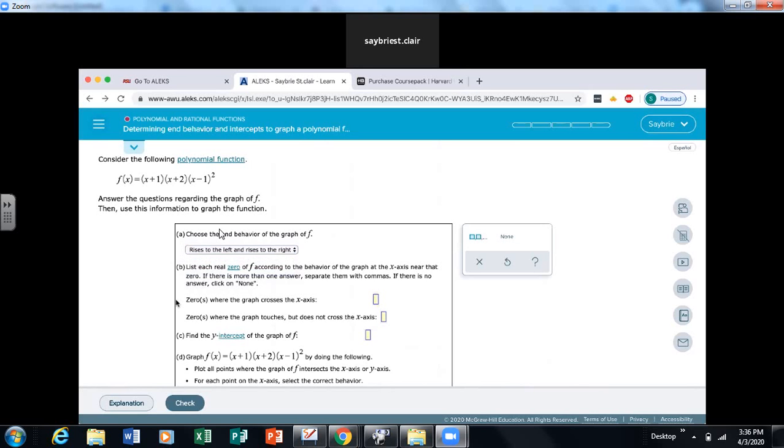Alright, so looks like zeros were across the x-axis. Looks like you have -1, -2, and 1.